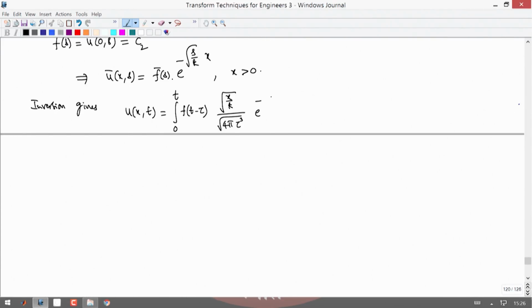What is a here? It is square root of x by k, so a square is x square by k, and 4t gives 4kt. Here t is tau, so I put tau. So I had the convolution for this function and this function. This is the final form, the solution of this initial boundary value problem.